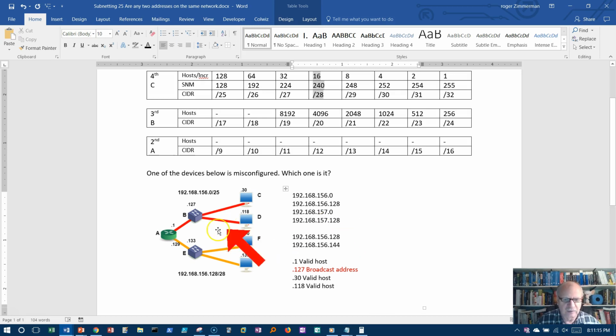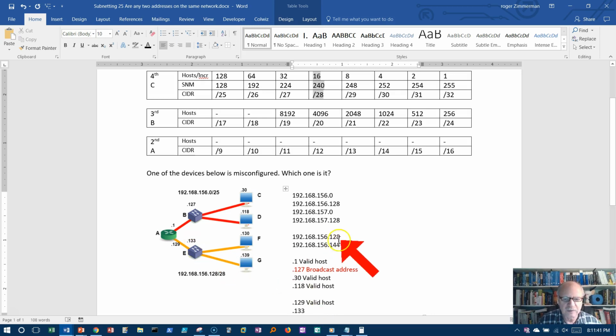Now let's look at the other side here. 1.129. Is that valid on this set of addresses? Yeah, 128 is the network address, so 129 is the first valid host address that we have on that network. How about 133?